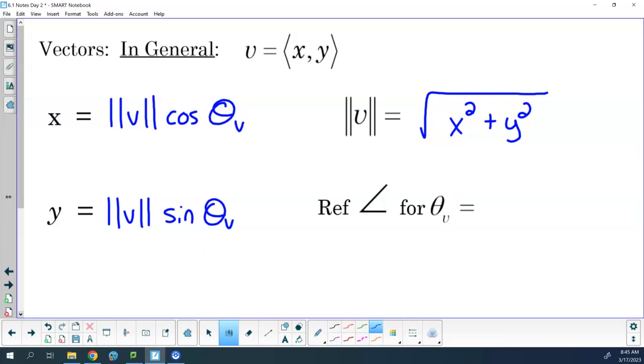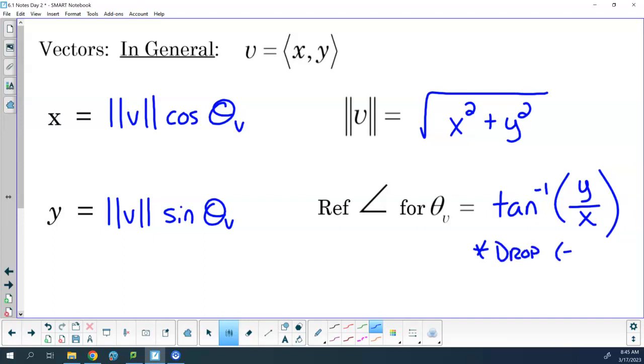Then from there, you can go. So it's a simplified distance formula. And then the reference angle is going to be the inverse tangent of y divided by x, where once again, we drop any and all negative signs.